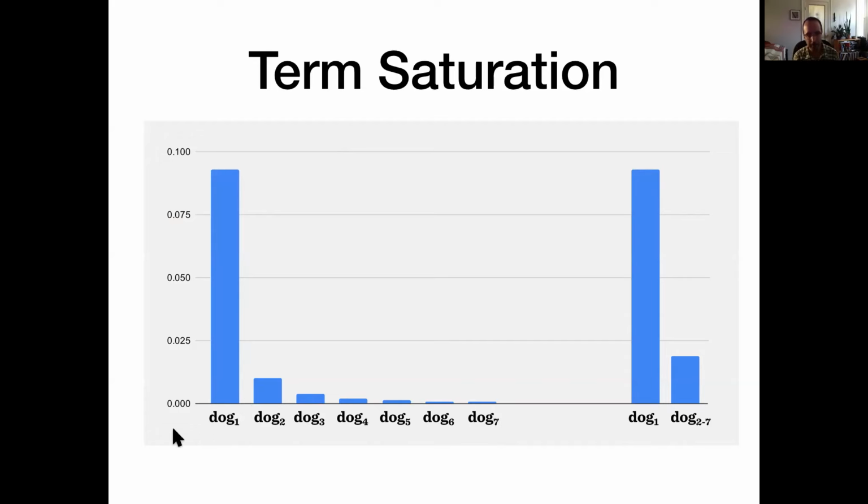You can see that the first time dog occurs, it contributes a lot. And then every successive occurrence contributes less and less. In fact, the sum of occurrences 2 through 7 is not even worth half of the first occurrence.